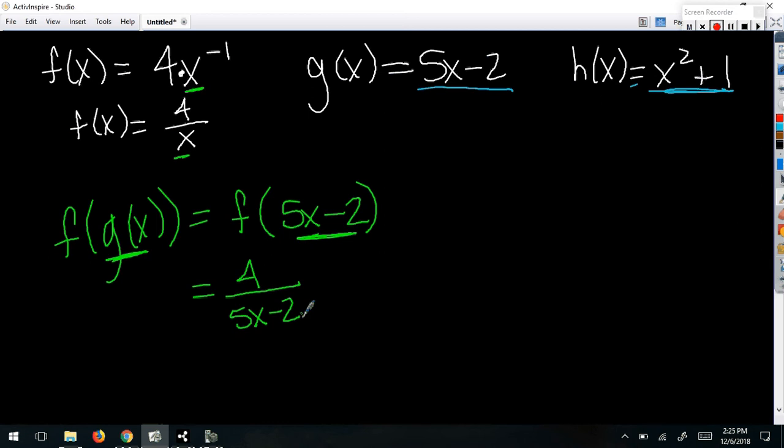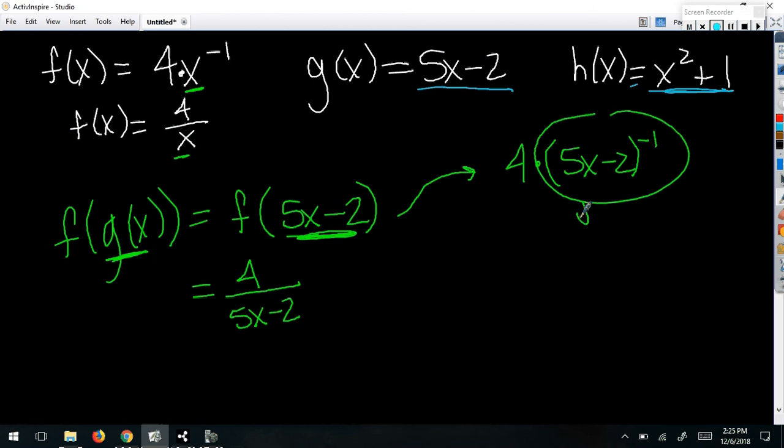Now, if you didn't, and you don't have to write this one down, but if you just plugged in 4 times and you replace this with 5x minus 2 to the negative 1, it's the same thing. All of this goes down. So it becomes 4 over 5x minus 2. You get the same thing. Tell me what you think about composition.